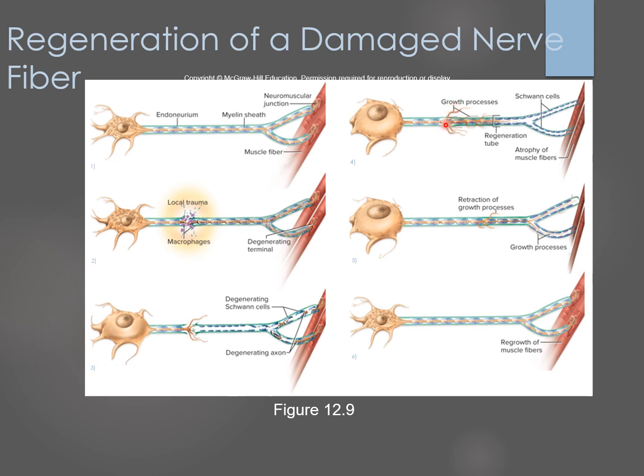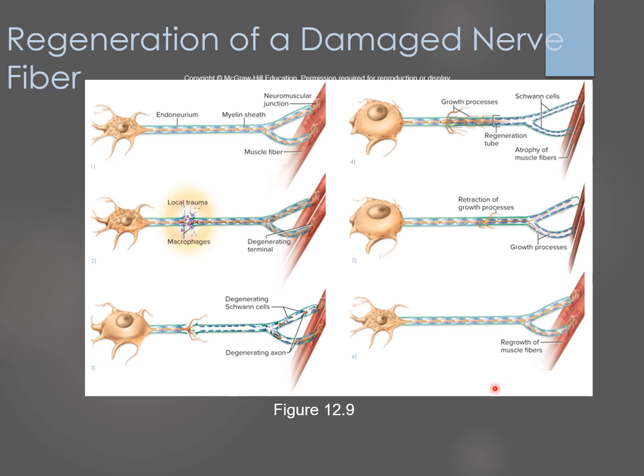Here are our growth processes, and this is going to help us continue with a regeneration tube and start to replace what was lost. Here we have the retraction of those growth processes now that we've got everything going and we have continued growth until we get back to where we were. It's a very, very slow process.